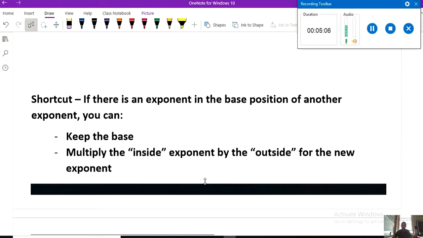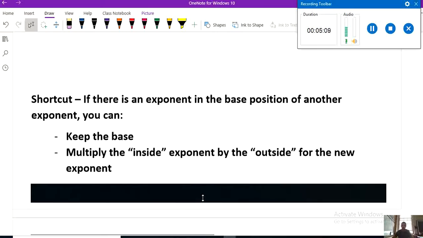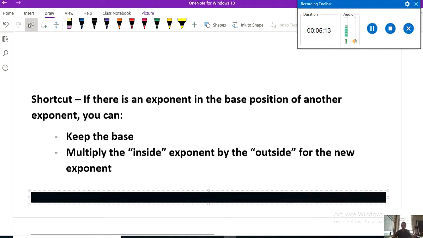The shortcut is, if there is an exponent in the base position of another exponent, so again, that's when we had an exponent in the parentheses and an exponent outside of those parentheses, we keep the base and we multiply the inside exponent by the outside for the new exponent.